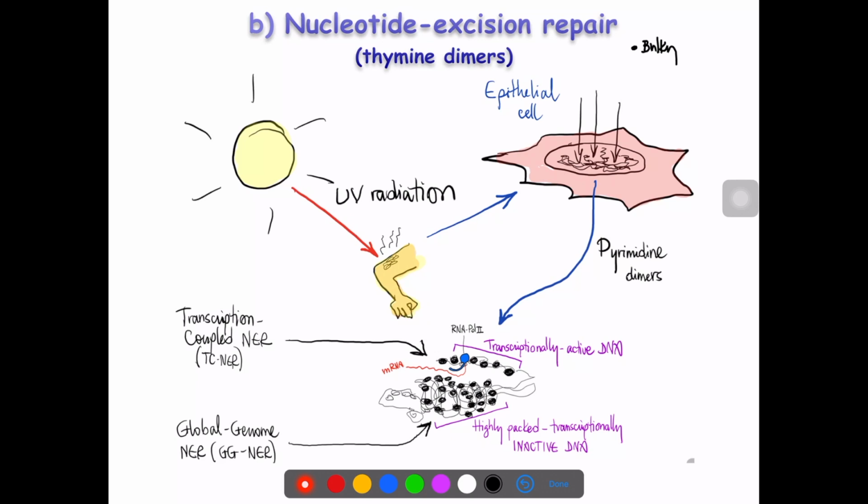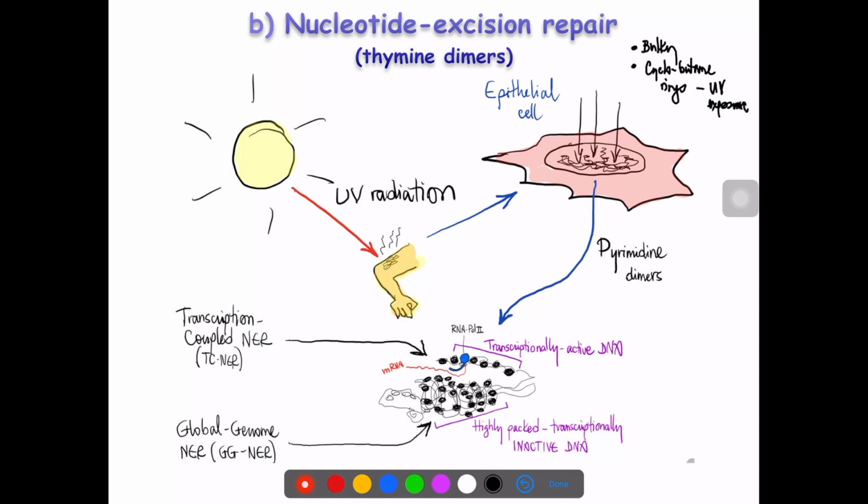The only way to eliminate those bulky modifiers that are attached to some of these bases is by nucleotide excision repair. The other thing that nucleotide excision repair is very efficient at eliminating is cyclobutane rings that are produced by UV exposure.